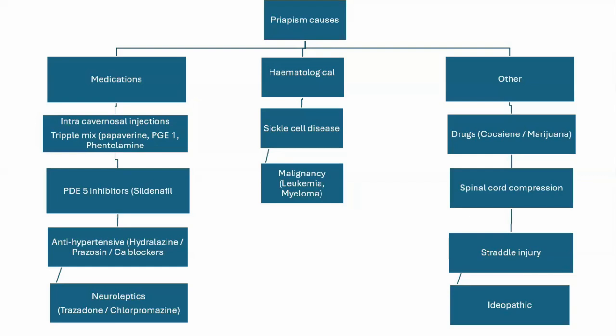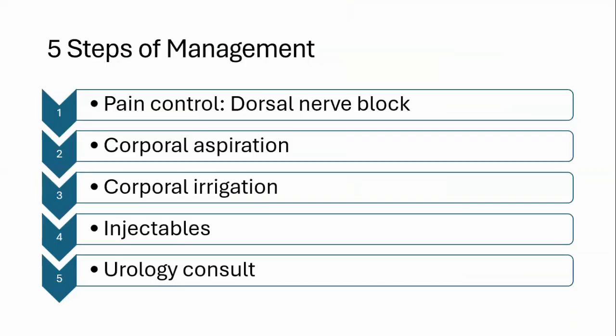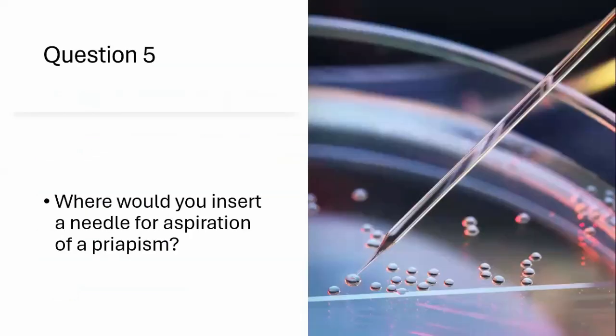Okay, so how do we manage this? It's fairly easy. Obviously, you need to control the pain. So the best thing is to do a dorsal nerve block, and then you'll go through the rest of the steps. So, where are you going to insert your needle for aspiration of a priapism?